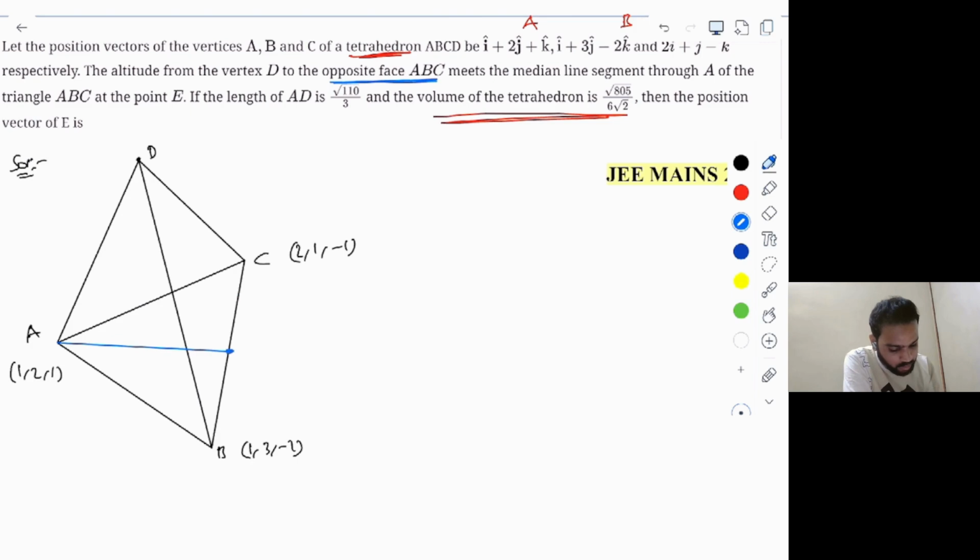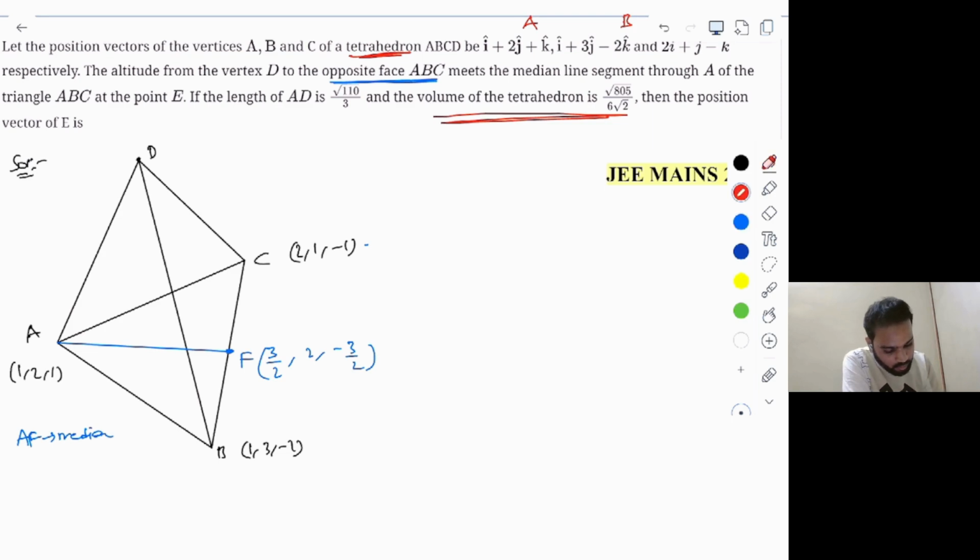So let's say this is some point, some point F we'll take. Since AF is a median, F is the midpoint. So I can calculate the point F directly. The midpoint of B and C is the point F, which is 3 by 2, comma 2, comma minus 3 by 2. So we have the point F.